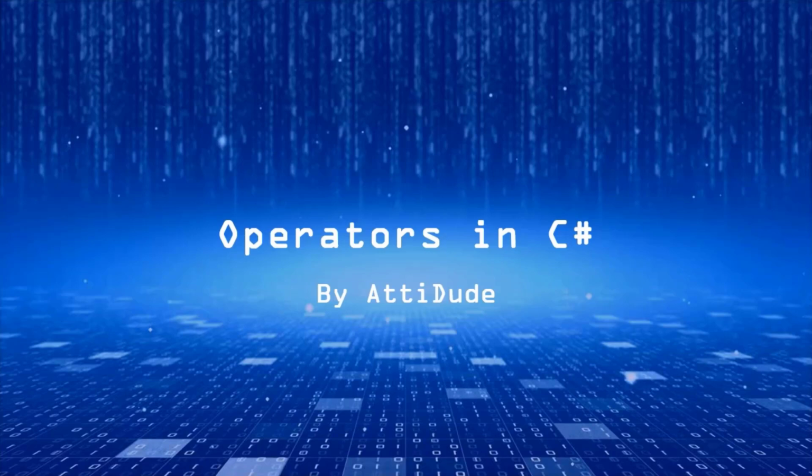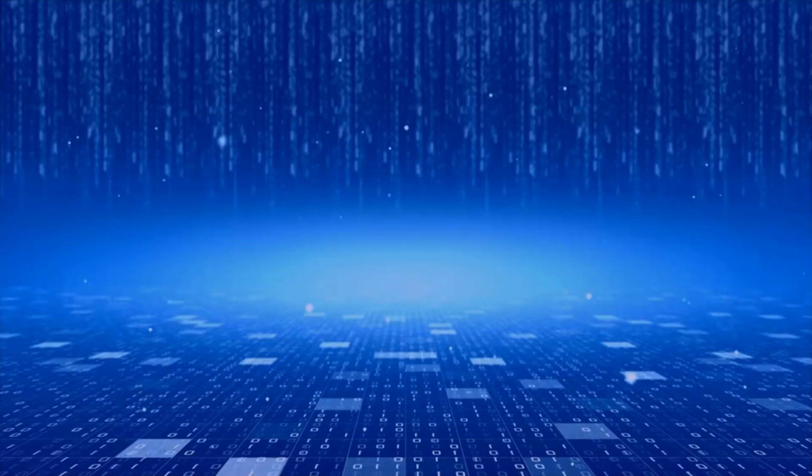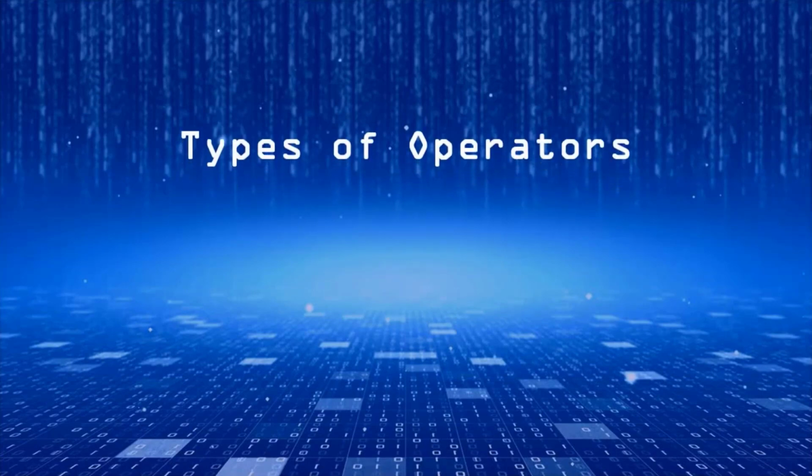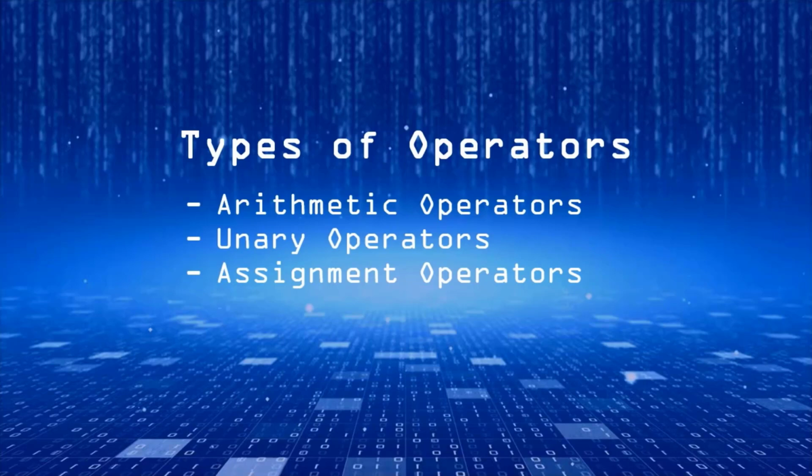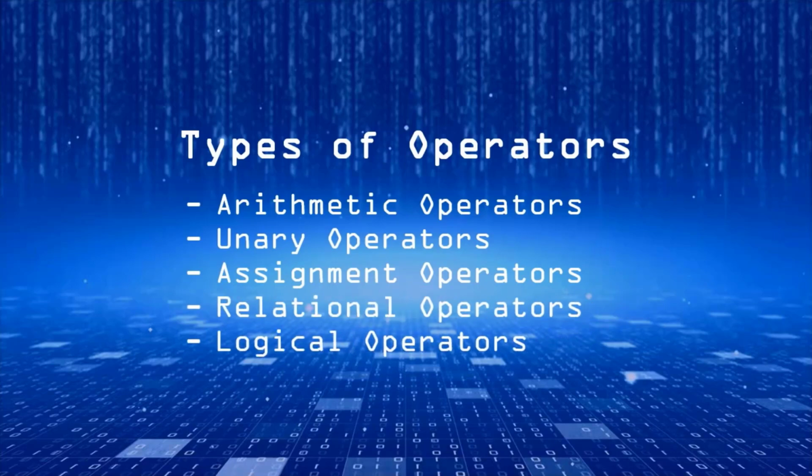So without any further ado, let's begin with what these are and how they are useful. There are basically 6 types of operators. Let us see. Arithmetic operators, unary operators, assignment operators, relational operators, logical operators, and bitwise operators.